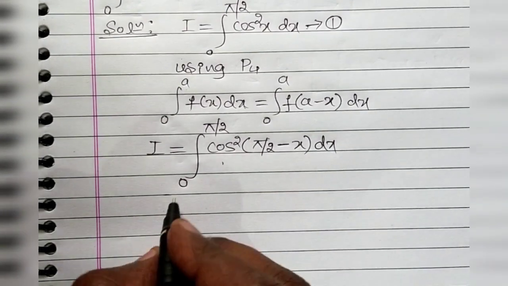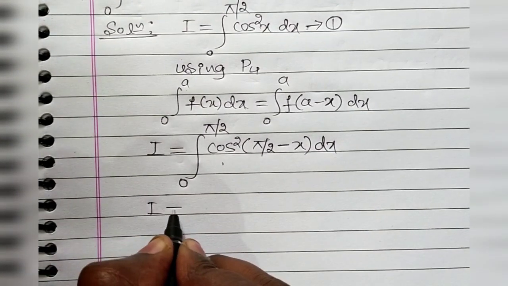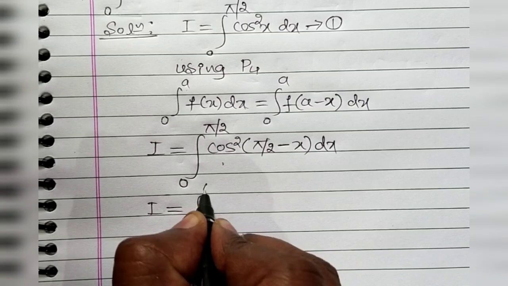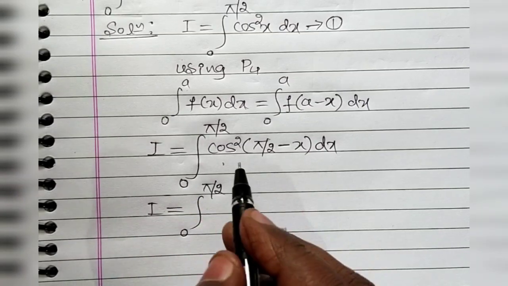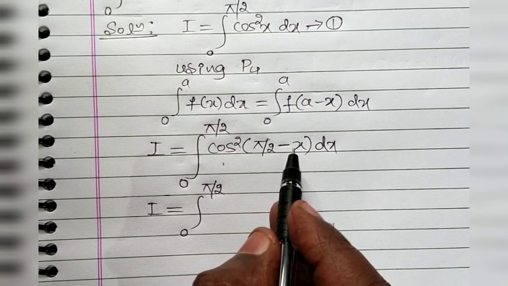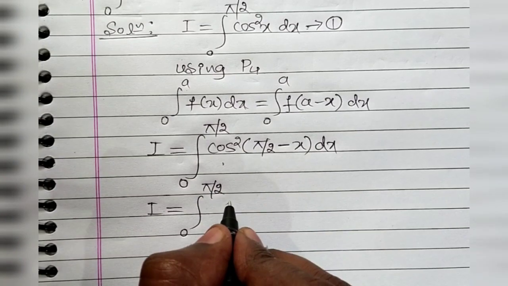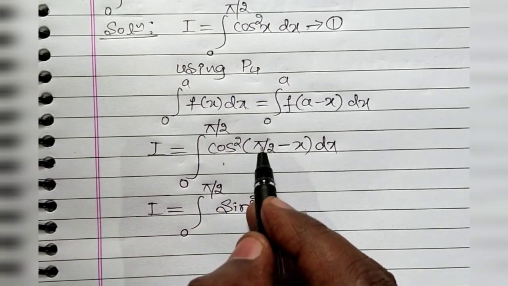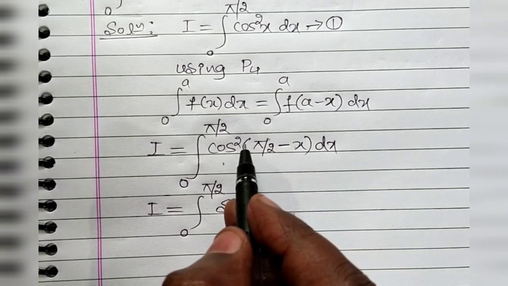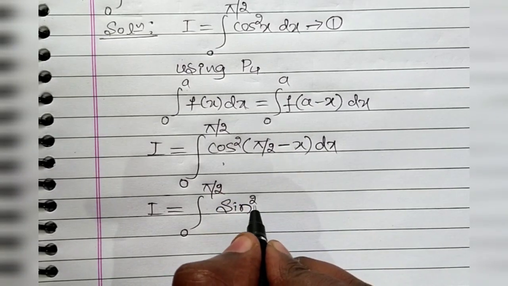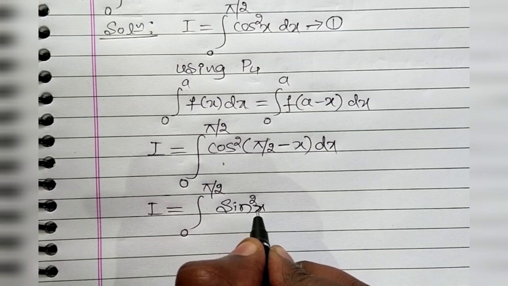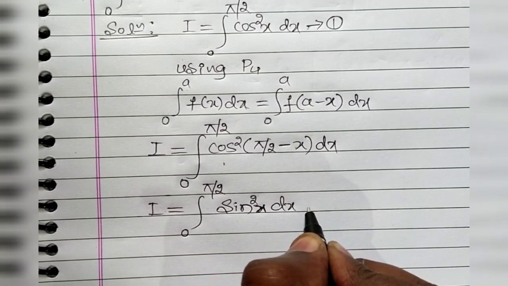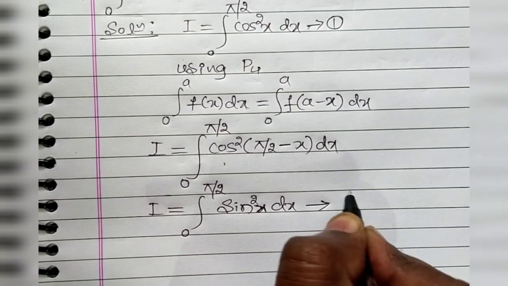Now I equals the integral from 0 to pi by 2, where cos square of pi by 2 minus x is nothing but sin square x. Cos of 90 minus x is sin x, and here we have the square, so it is sin square x. I call this equation number 2.